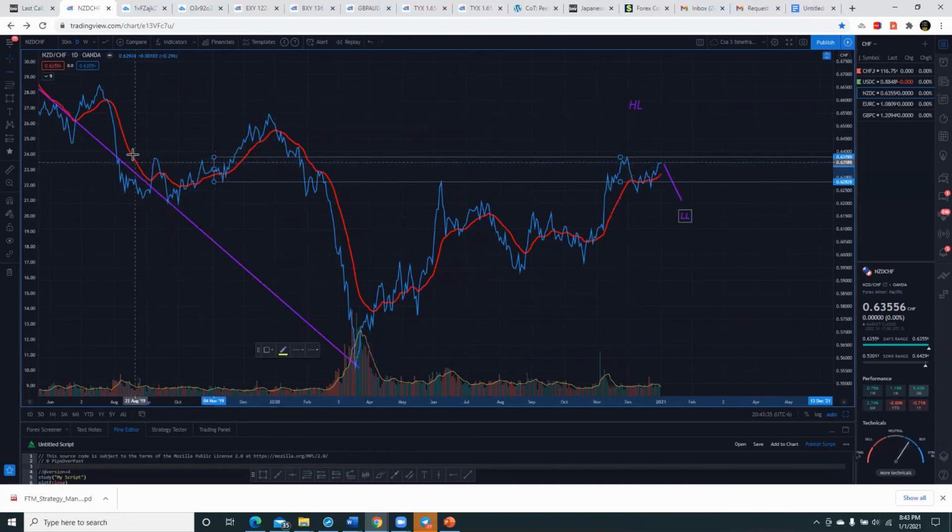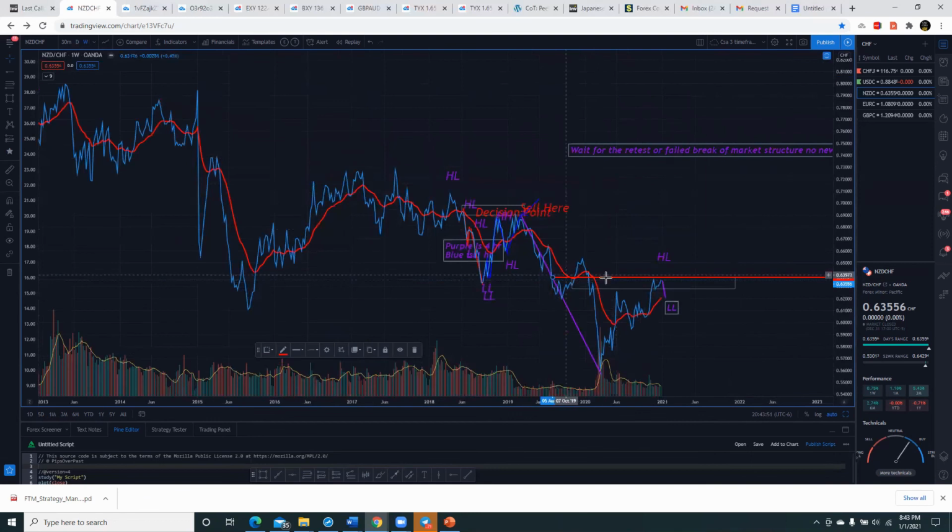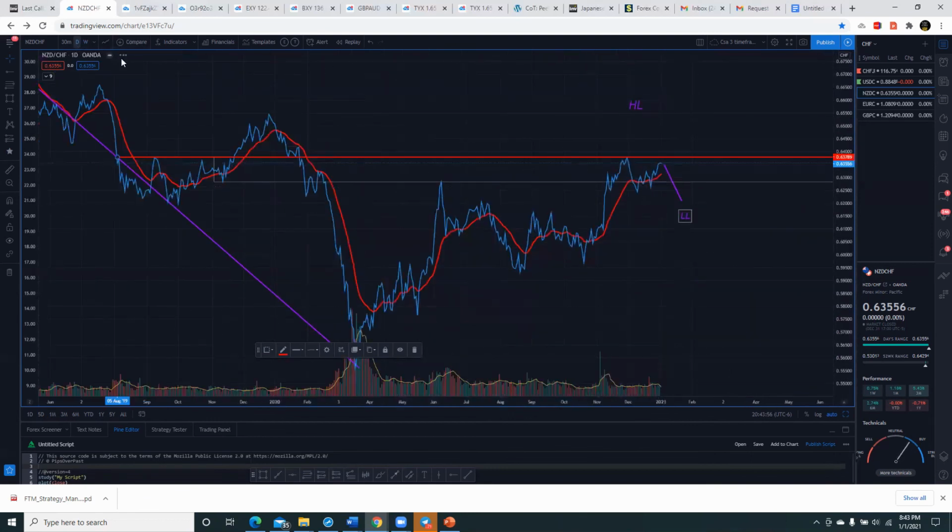I am a fan of horizontal lines, so I'll draw there just for reference purposes. You see all the structure here. So we're going to be looking for price to come and get back in sync with the weekly trend. It's a great area for it to do that. And we just want more confirmation based on price action.